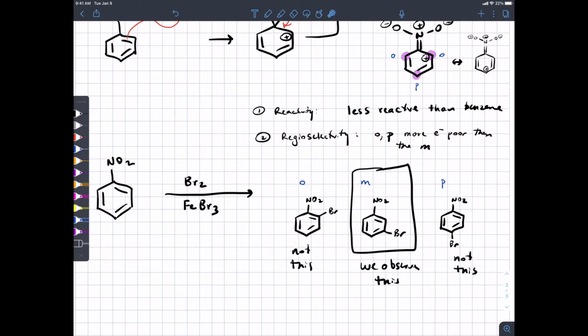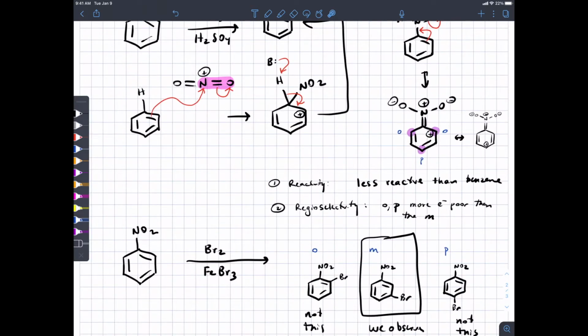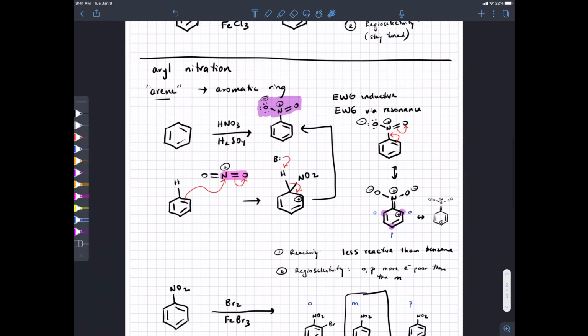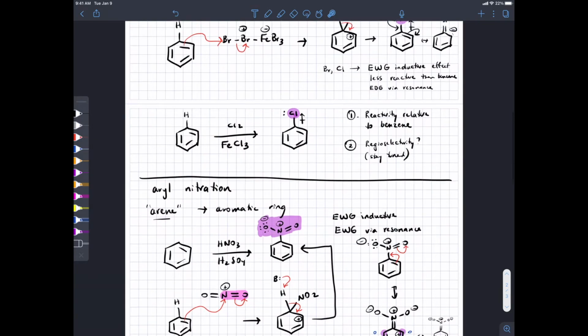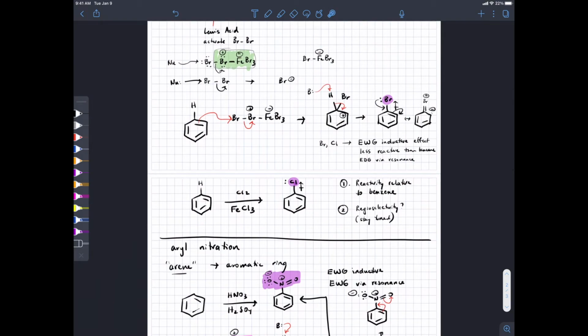Why do the bromine, the chlorine and the nitro electron withdrawing group make it less reactive? Why are chlorobenzene, bromobenzene, nitrobenzene less reactive than benzene? Remember that in these reactions, benzene is the nucleophile.